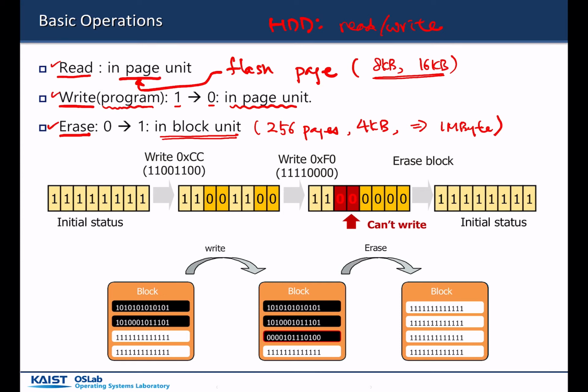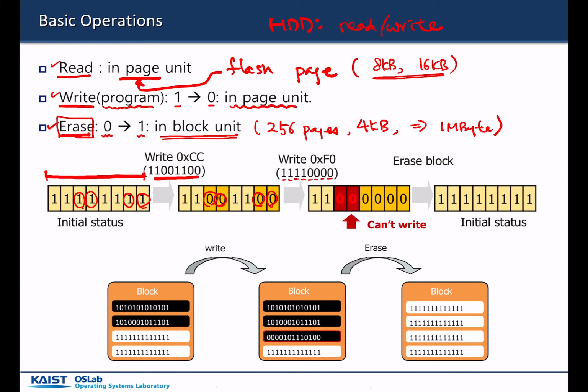Okay, so erase is an operation of transforming a value 0 to 1 in block unit. Let's consider this is a single page, for example. Writing this value is equivalent to transforming a certain value of 1 to 0. And when you write another value to the same page, 0x, if 0, the bit pattern corresponds to 4 ones and 4 zeros.